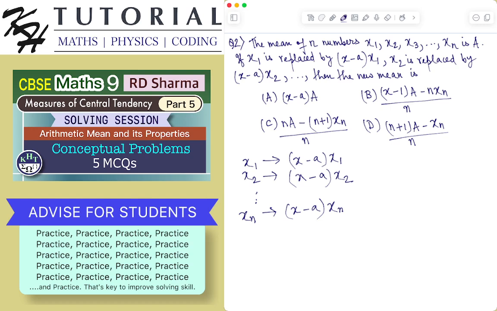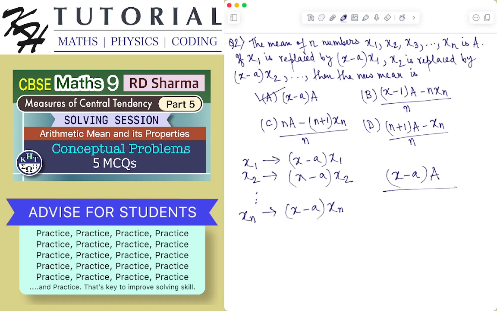So the new mean will obviously be x minus a multiplied by A, where capital A was given to be the mean of the n original observed numbers, that is x1, x2, x3, up to xn. So this is the new mean. So the correct choice is A.